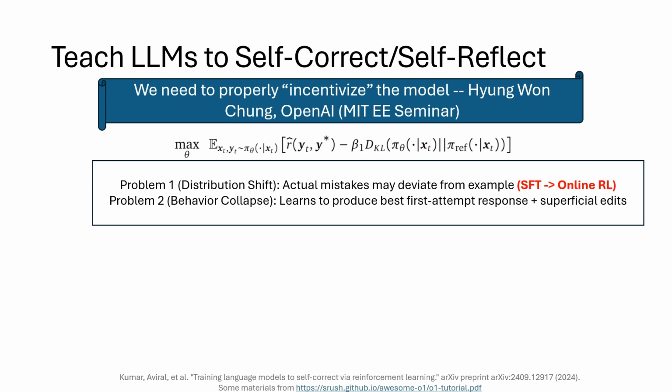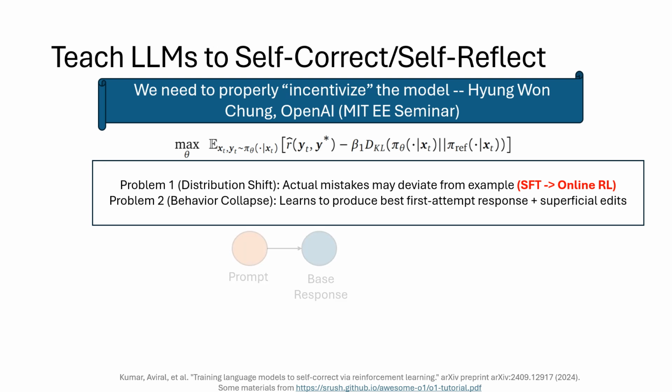The other problem is less apparent or more nuanced. It is called the behavior collapse problem. It is saying that if we train the model using traditional reinforcement learning, it would only learn to produce the best first attempt response plus some superficial edits.